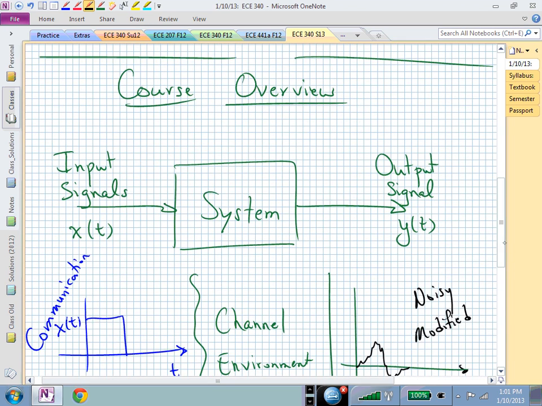We might put a PID controller in here, measure the output, feed that back, and create a closed loop system to have the system behave the way we want it to behave. That's another class. But what we have to learn in this class is how do we model the signal, how do we understand the system and model it, and what does that create at the output.